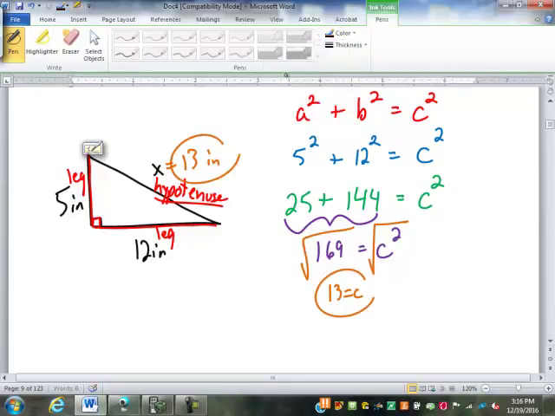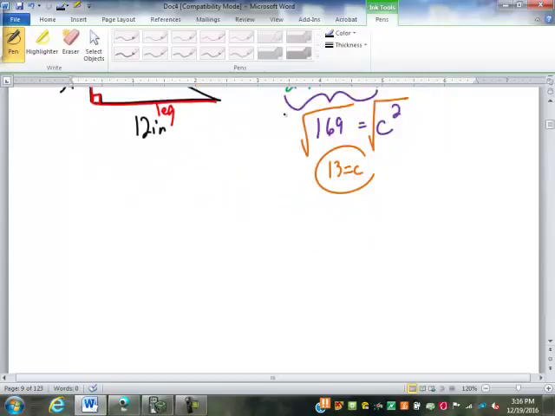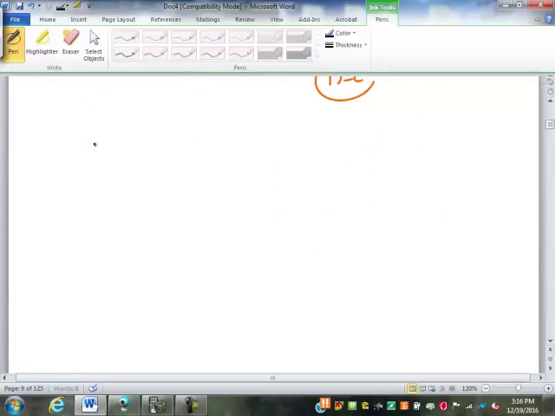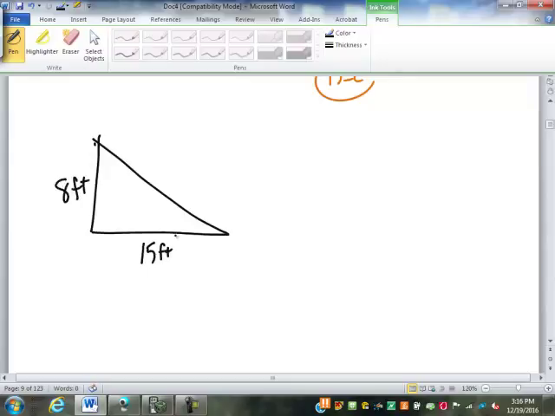One of the reasons we're putting this out here now, we're going to use it for other things as well, but if I give you a triangle, and I don't tell you if any of those angles are right angles, but I tell you the sides are 8 feet, 15 feet, and 17 feet, I need to be able to tell if that is a right triangle or not.